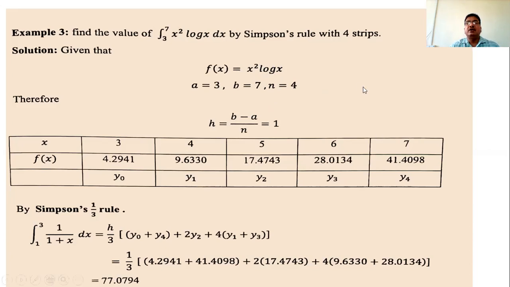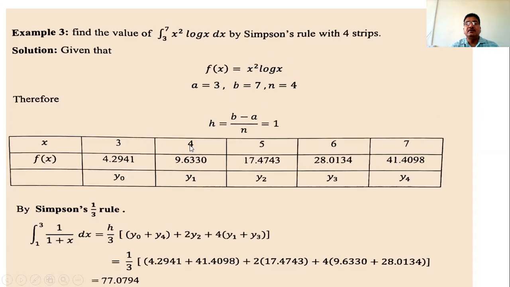But here log x in mathematics means log x with base e. So use the key ln while calculating log 3. Find ln 3 into x square, that is 9, and the answer is 4.2941.